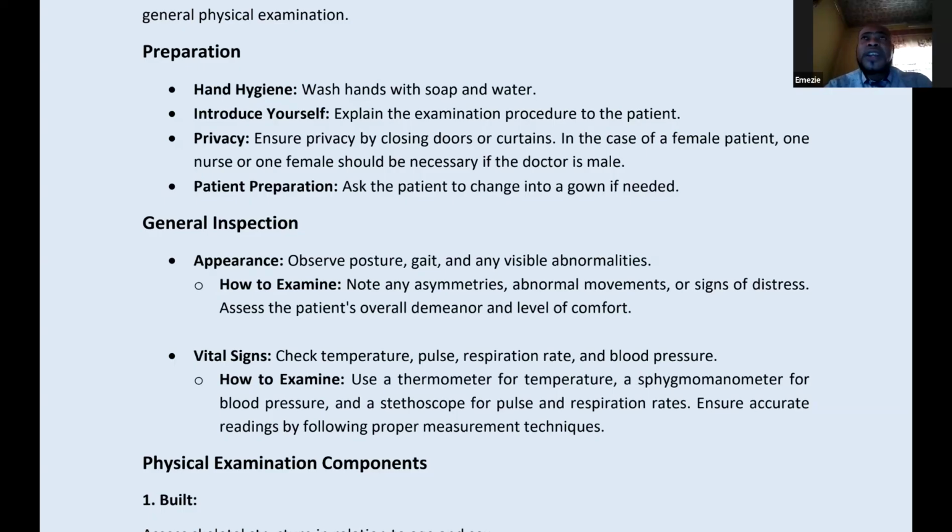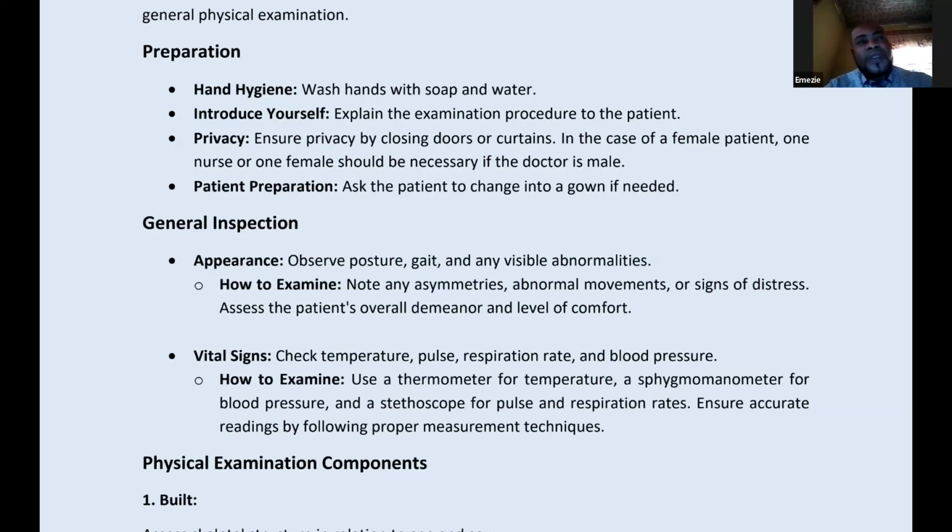So that is privacy. Again, remember that if your sex is opposite to that of the patient, you need a chaperone. If you are a man and you want to examine a female, it is always good to call in a female medical personnel to come and stay in there, so that there won't be any issue, maybe somebody accusing you of doing what you are not supposed to do.